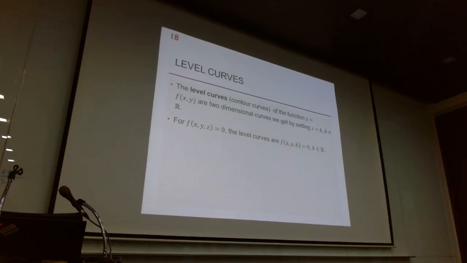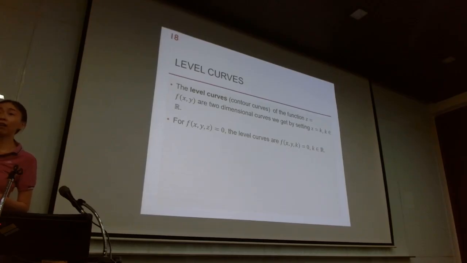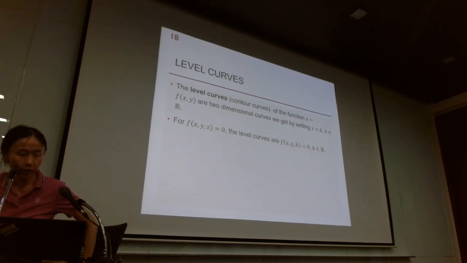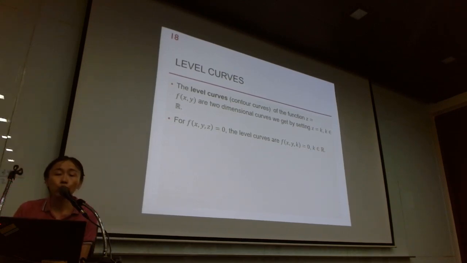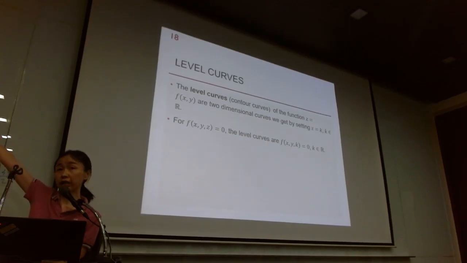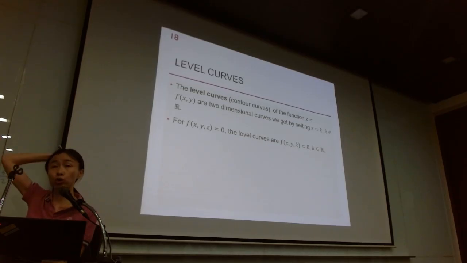This one is the top. This one shows what? All the same height. So this is called level curves. We also call it contour curves. Here we only show the height, but sometimes we also show the temperature or other things. So many graphs.